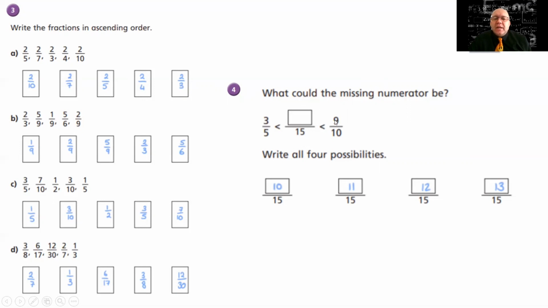So we've got 18 and 27. So the number in here, as 30ths, must fall between 18 and 27. But we need to be able to halve it. So the only possibles are 20, 22, 24, and 26. And once we simplify those back to 15ths, once we halve them, then we're left with 10, 11, 12, and 13. Okay. Right. That's the end of today.